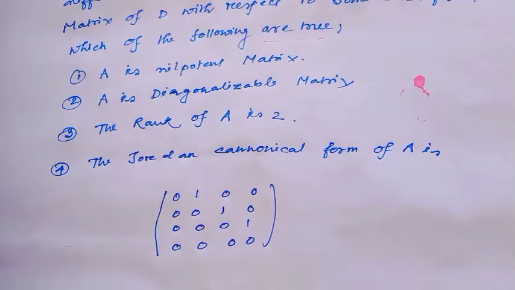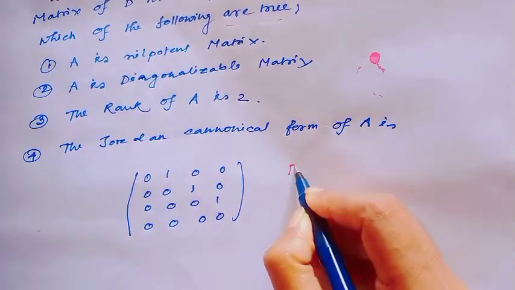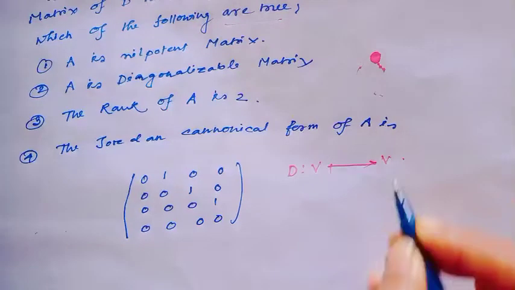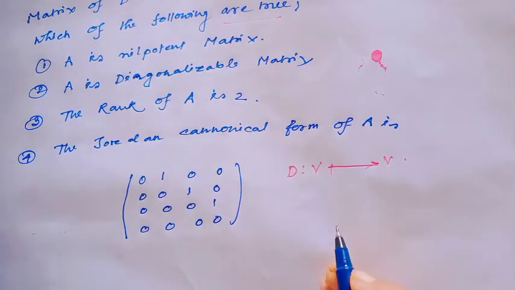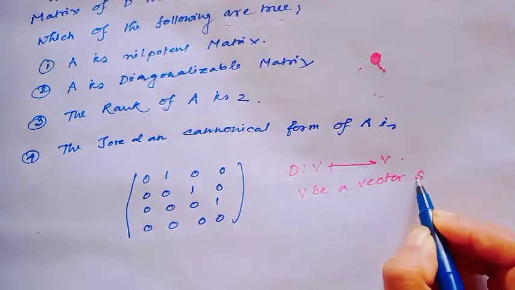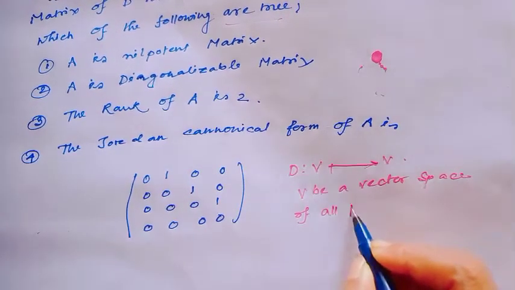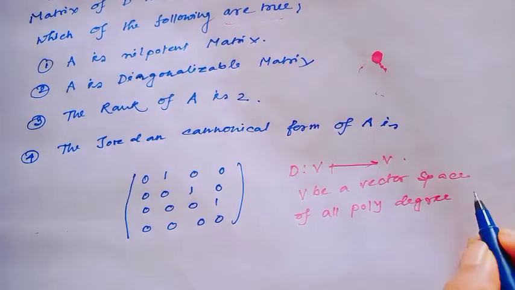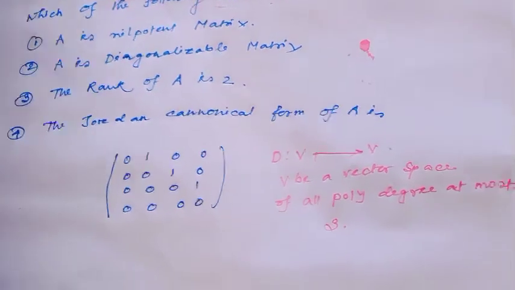Okay. Notice here D is a linear operator from the vector space V to V, where V is the vector space of all polynomials of degree at most 3. Okay, are you getting it?